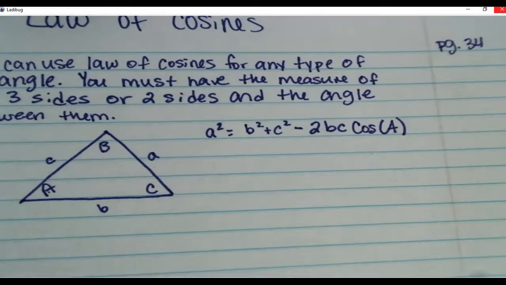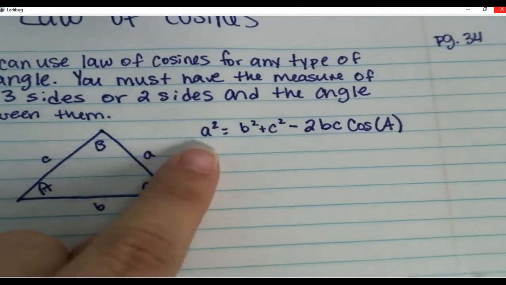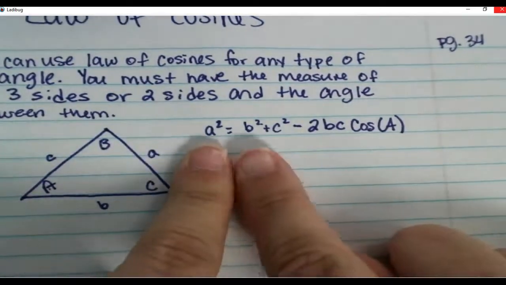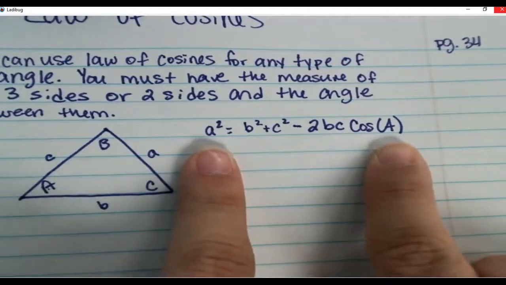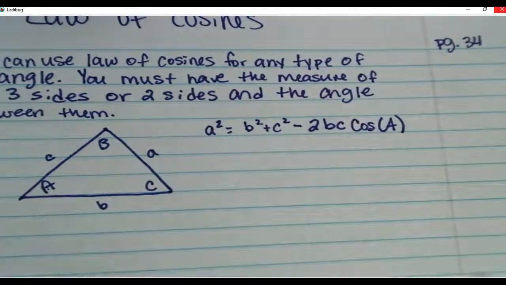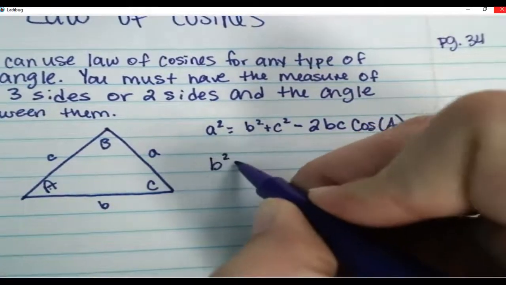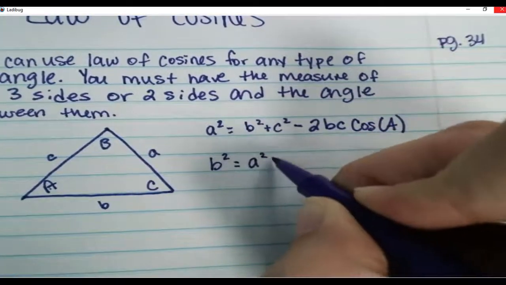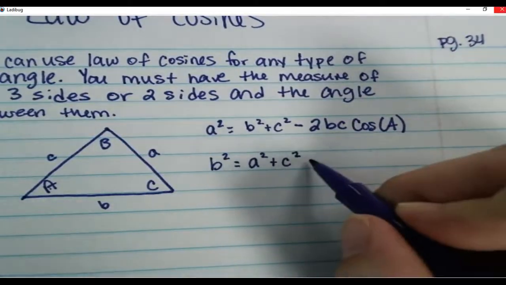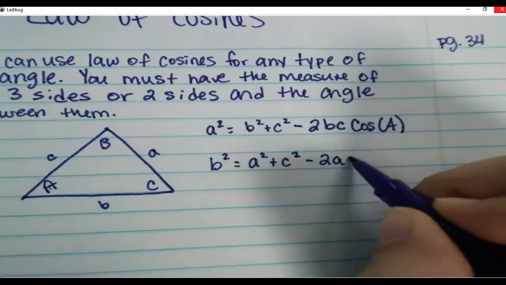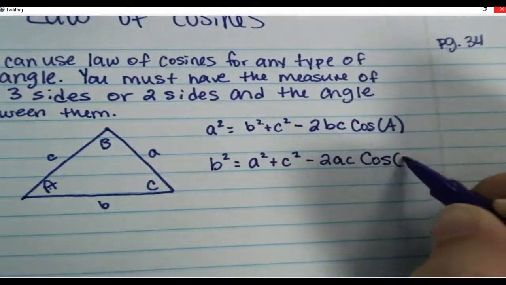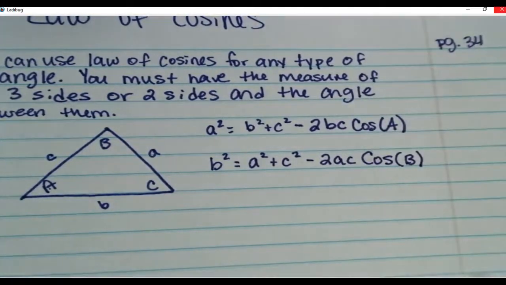Okay, so these letters are changeable. So if you're starting with side A, that means you have to know angle A. But you could also start with side B. So we also could have b squared equals a squared plus c squared minus 2ac cosine of B. So the important thing is the angle and the opposite side are what you start and finish your equation with.